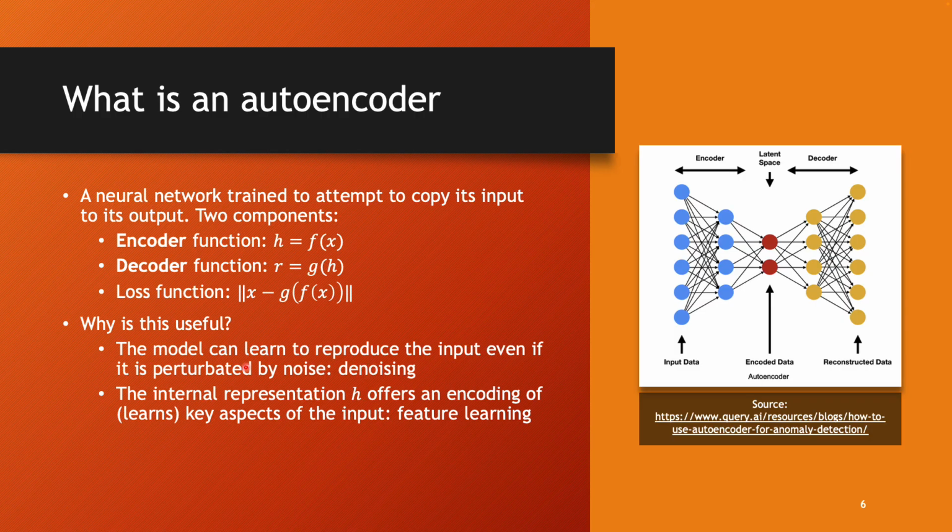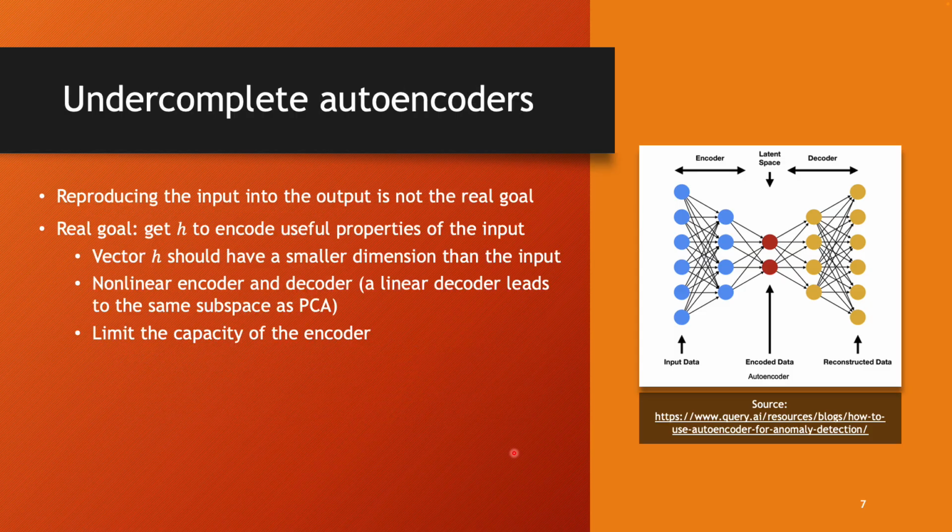And also this is going to have applications in terms of generative models, and that's not exactly obvious on this slide how it's going to go, but we are going to come back to this throughout this lecture. The internal representation that we denoted here by h is going to offer some sort of an encoding of the input, or is going to learn some key aspects of the input, and that can be phrased in terms of feature learning.